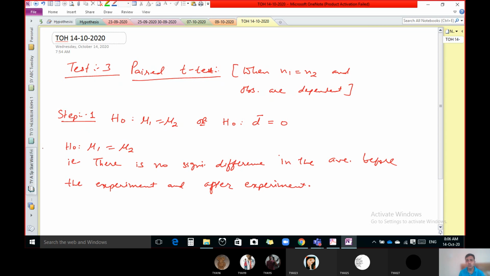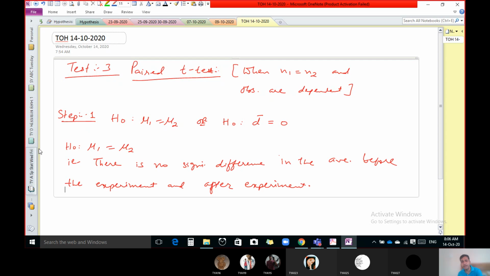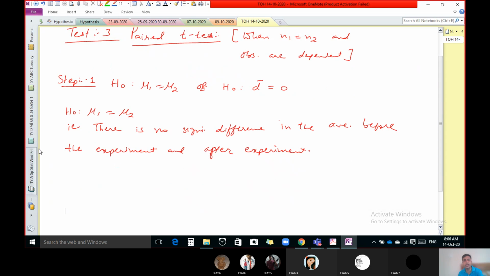Mu1 stands for average before experiment, and mu2 stands for average after experiment.